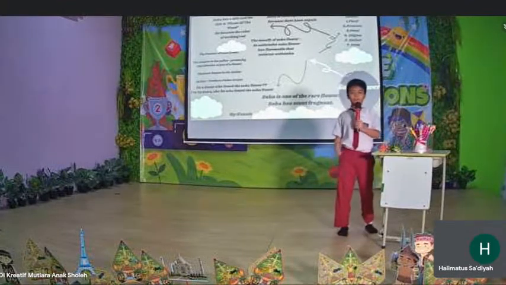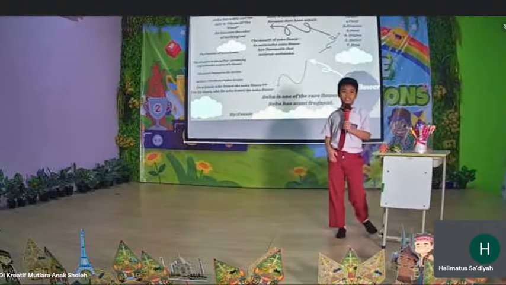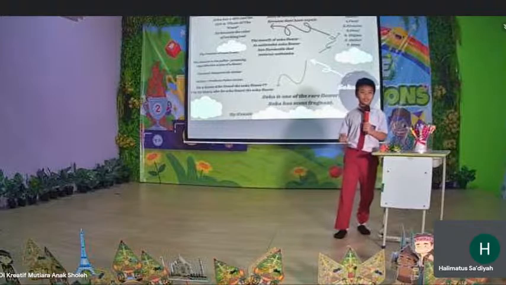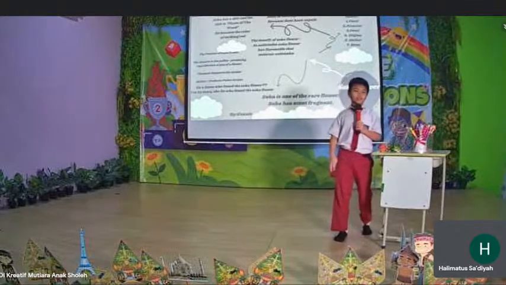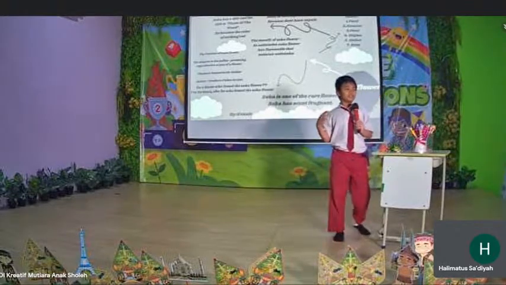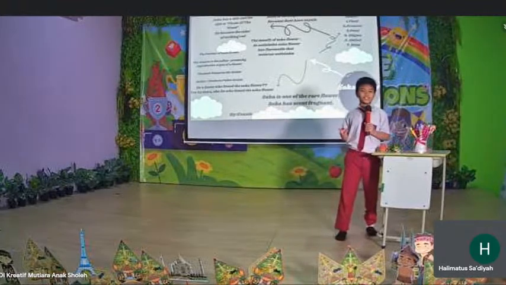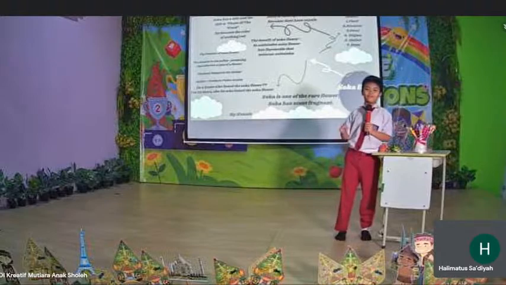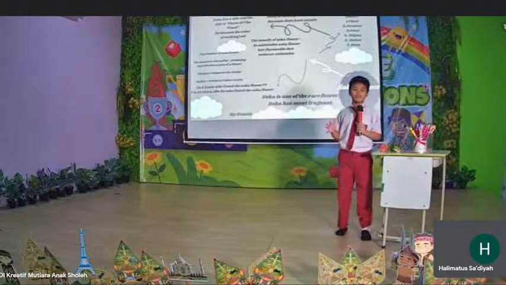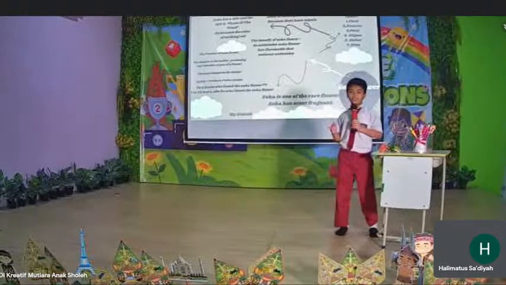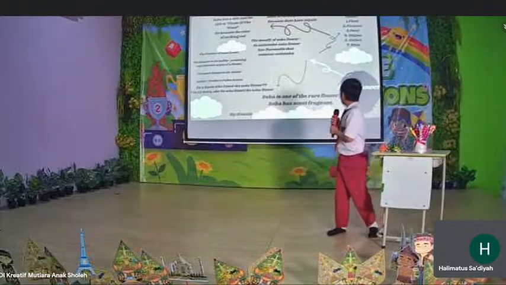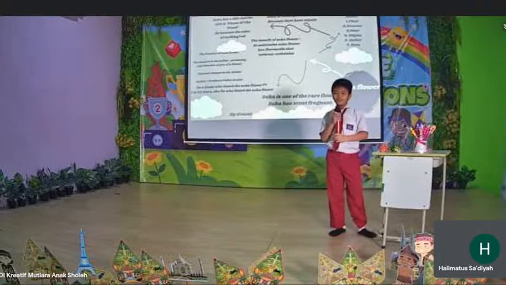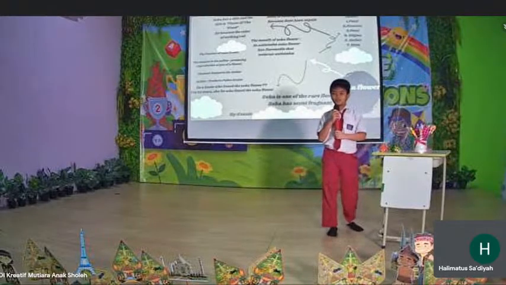The parts of Soka flower are 6. The first is petal, the second is stamen, the third is pistil, the fourth is stem, the fifth is anther, and the sixth is stigma. Do you know who found the Soka flower?